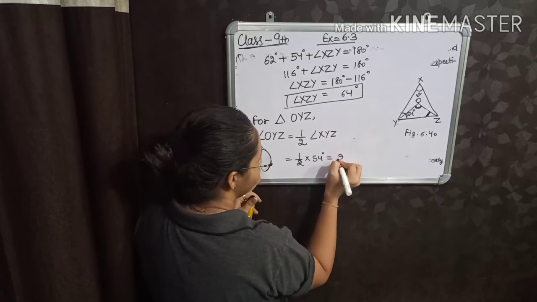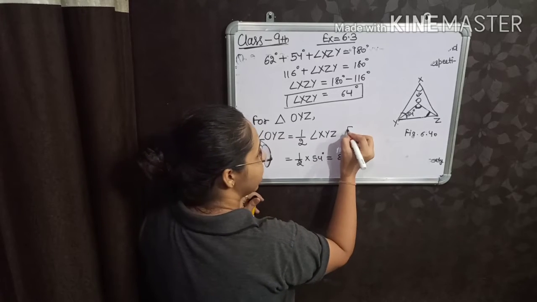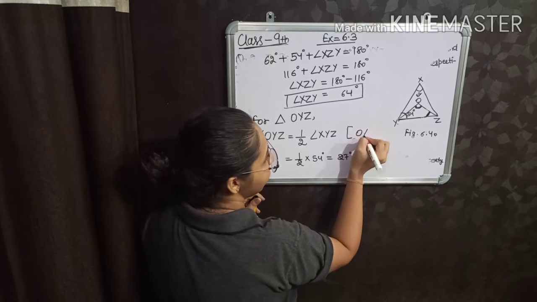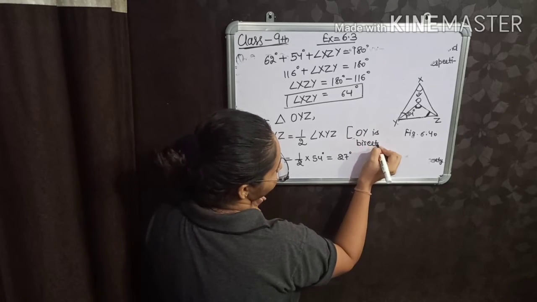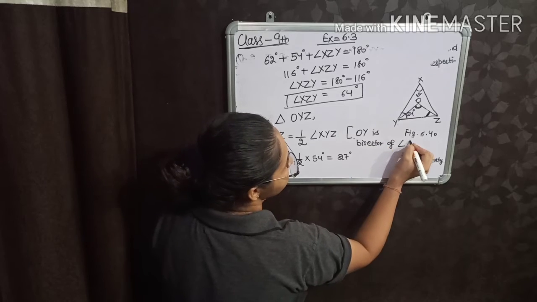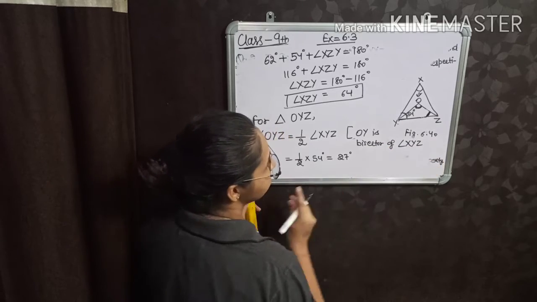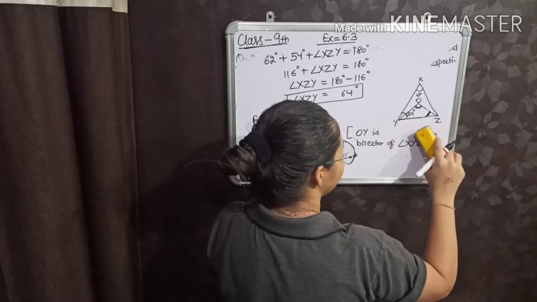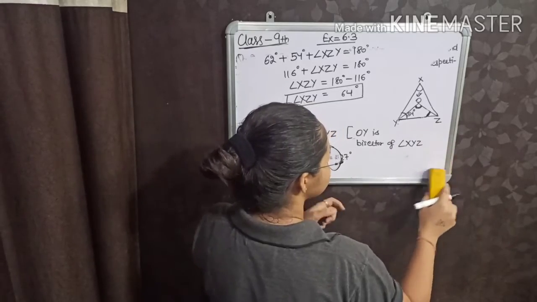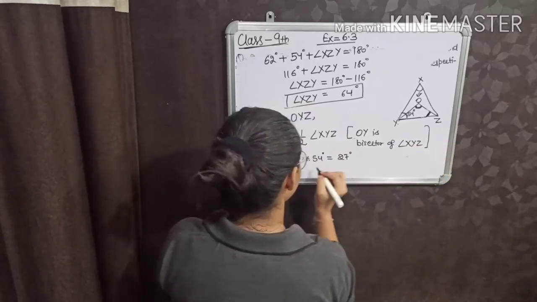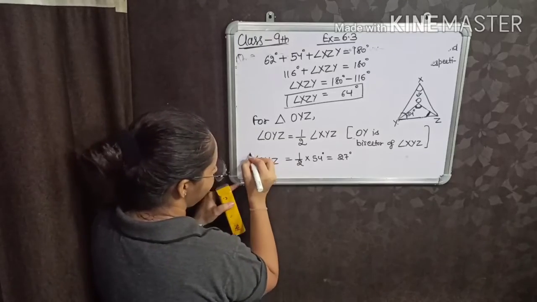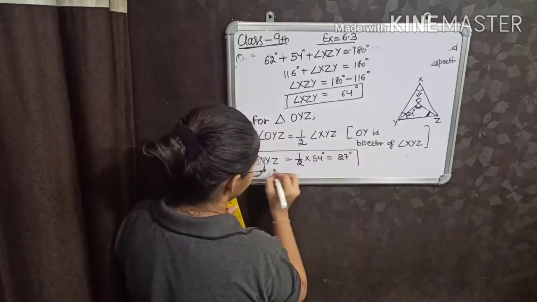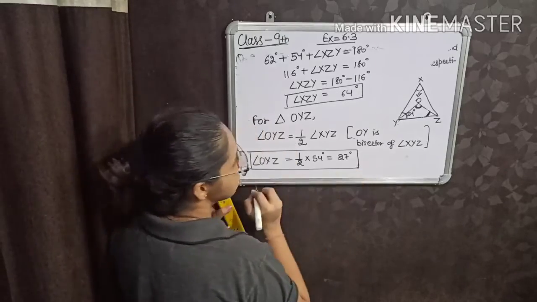It will give you 27 degrees. And the reason is OY is the bisector of angle XYZ. This is the reason for this equation. Okay. So you have found angle OYZ. The smaller angle is 27 degrees.